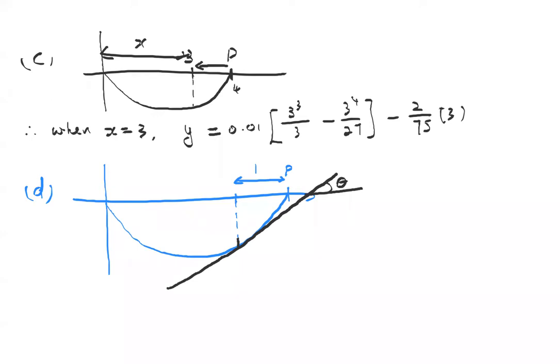So how am I going to find this? What approach must I have? I don't know if you refer back to your high school textbook when you first learned about the gradient of the straight line.